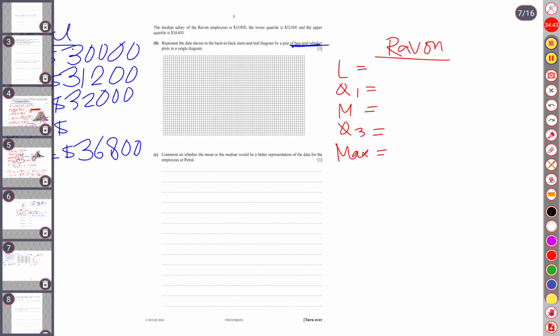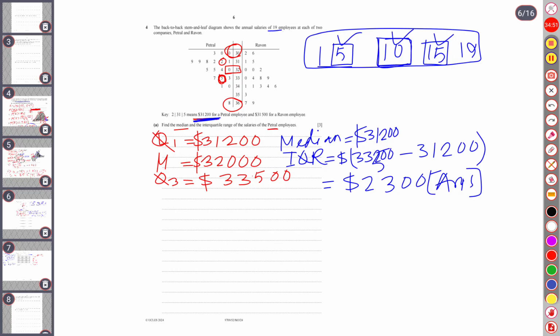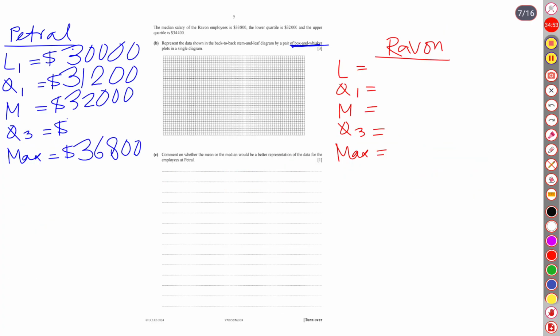How much was the upper quartile? Upper quartile was 33,500. Well, so we have written the information of petrol.